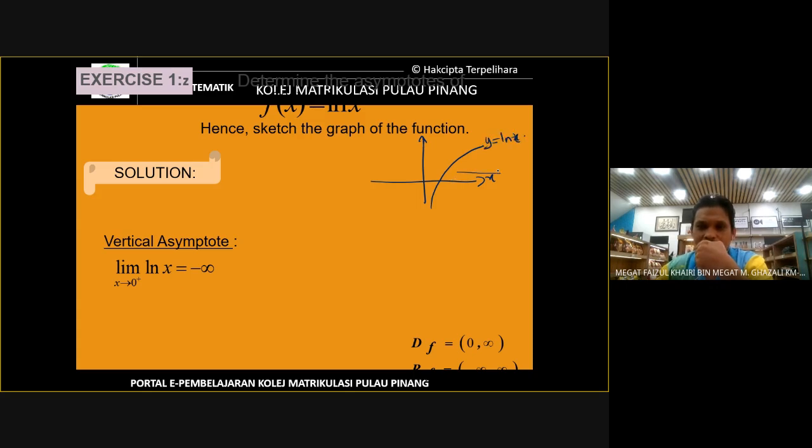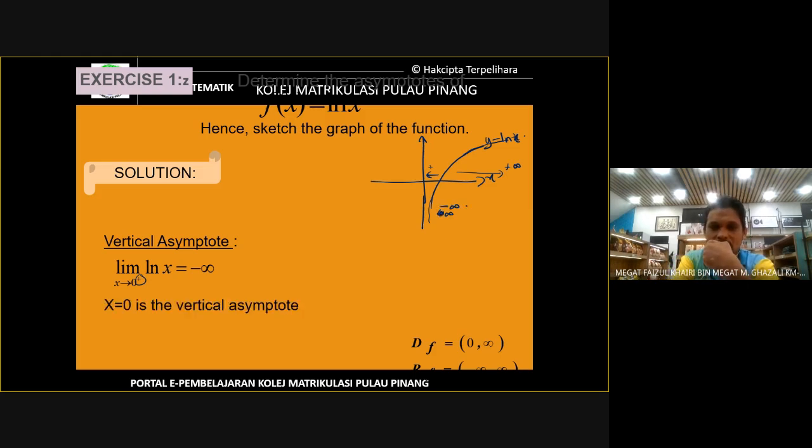When x approaching positive infinity, the graph is getting bigger. And when x approaching 0 from right, the graph is sliding down, approaching negative infinity.